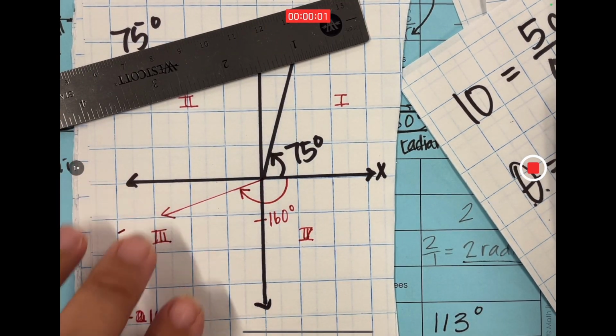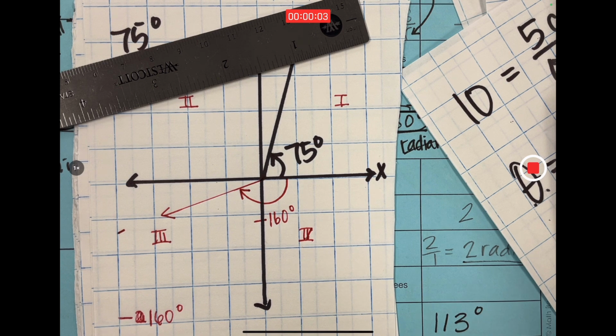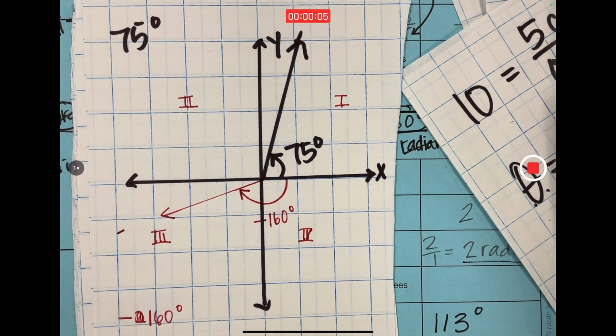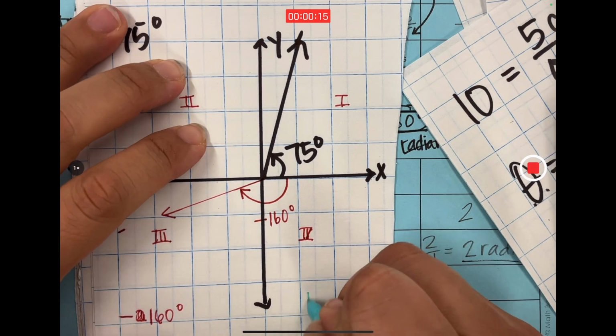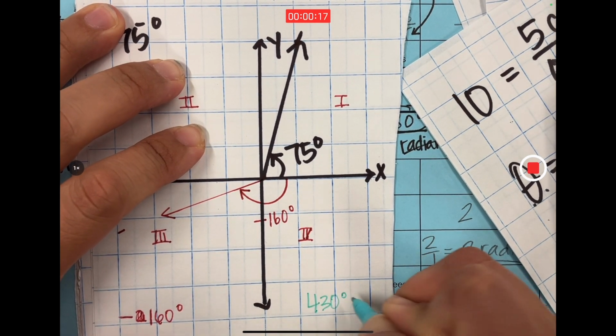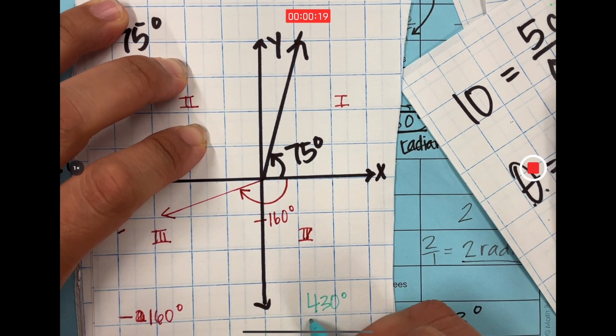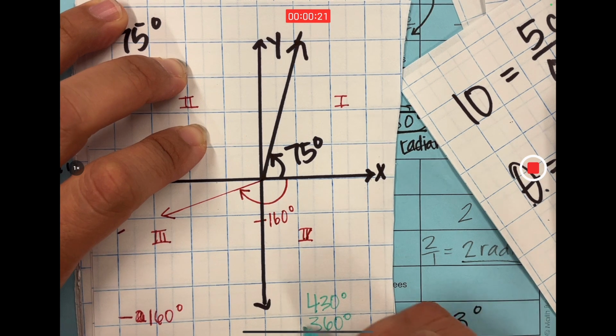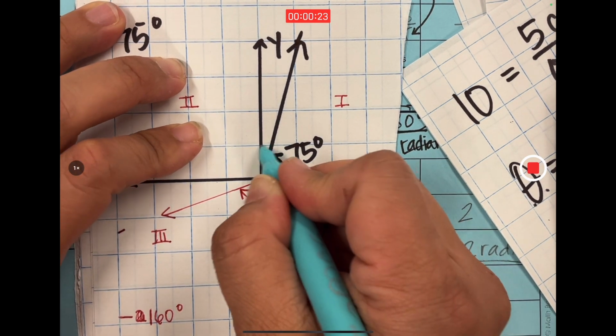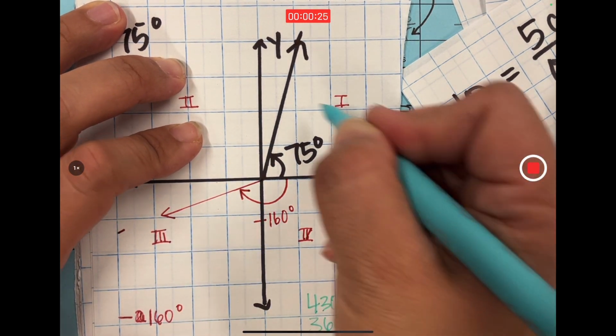Okay, so let's try again. Here we go. So the third one is, what's the third one? 430. Okay, so is that more or less than 360? More. So how much more? A lot more. Let's be exact. It passes 360. It's going to go all the way around and then some more.